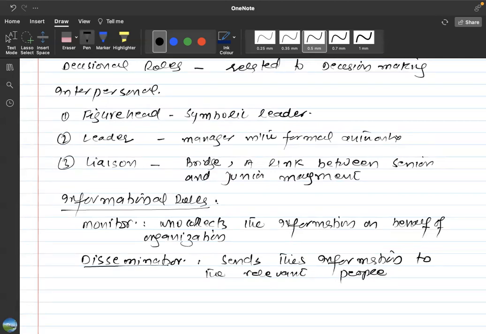Then we have spokesperson, who represents the organization in the outer world, a kind of delegate.